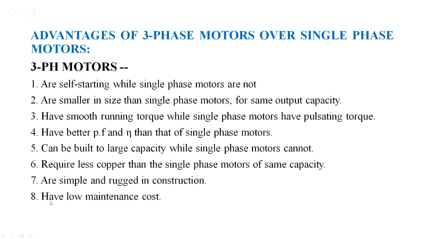And also, three-phase motors have low maintenance cost. So, due to more advantages of the three-phase motors, for most industrial applications, three-phase motors are preferred when compared to single-phase motors.